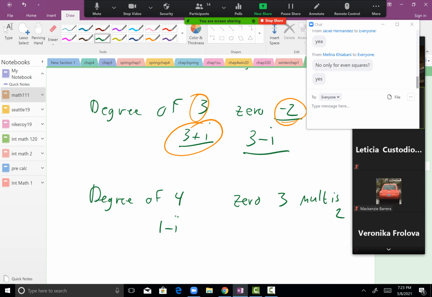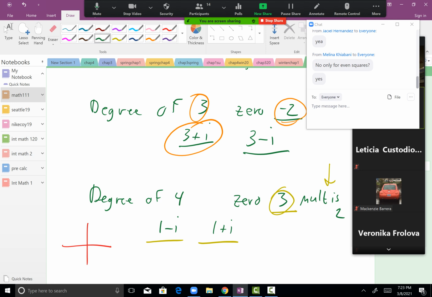1 plus i. Exactly. So you might say, but wait a second, isn't that just 3? But remember, this is a multiplicity of 2. So that one counts twice. If you have a multiplicity of 2, that means that particular solution takes up 2, because what that looks like is something like this.